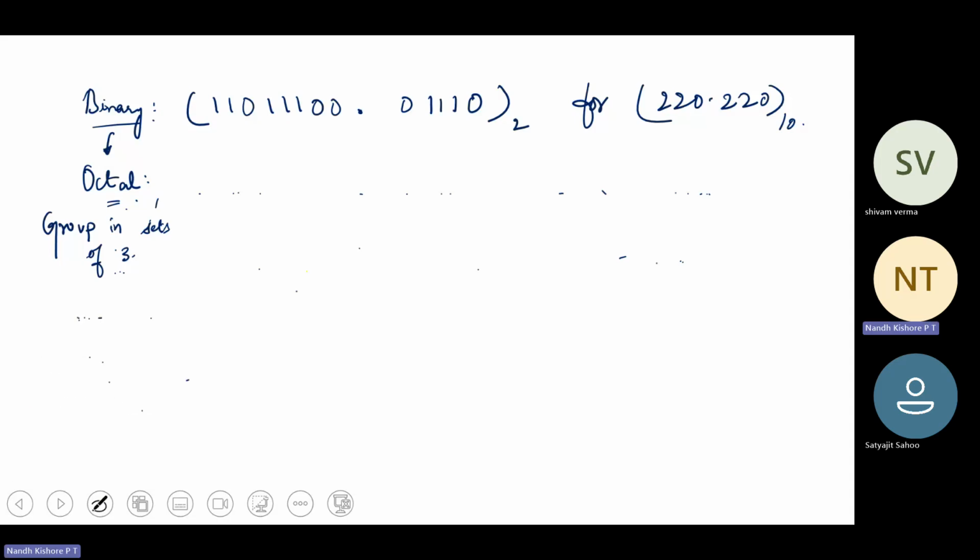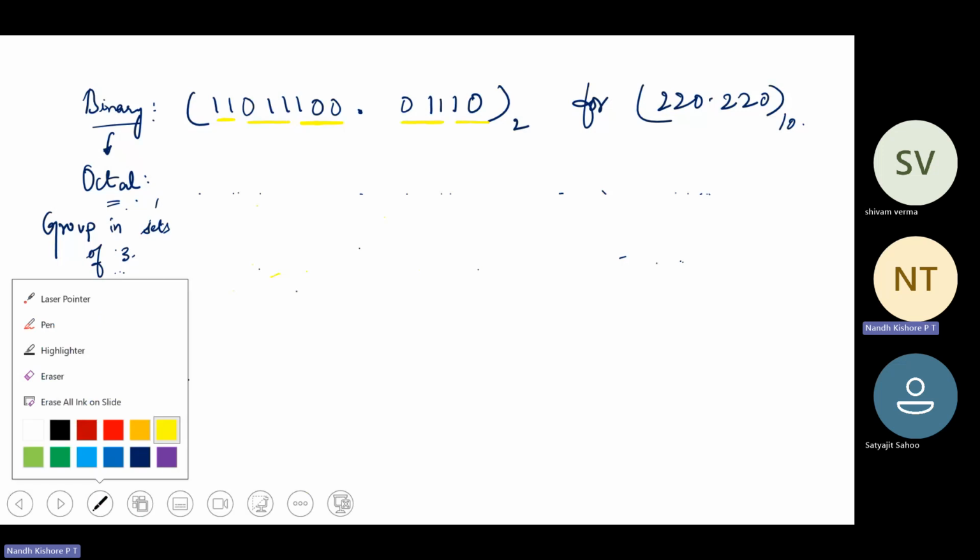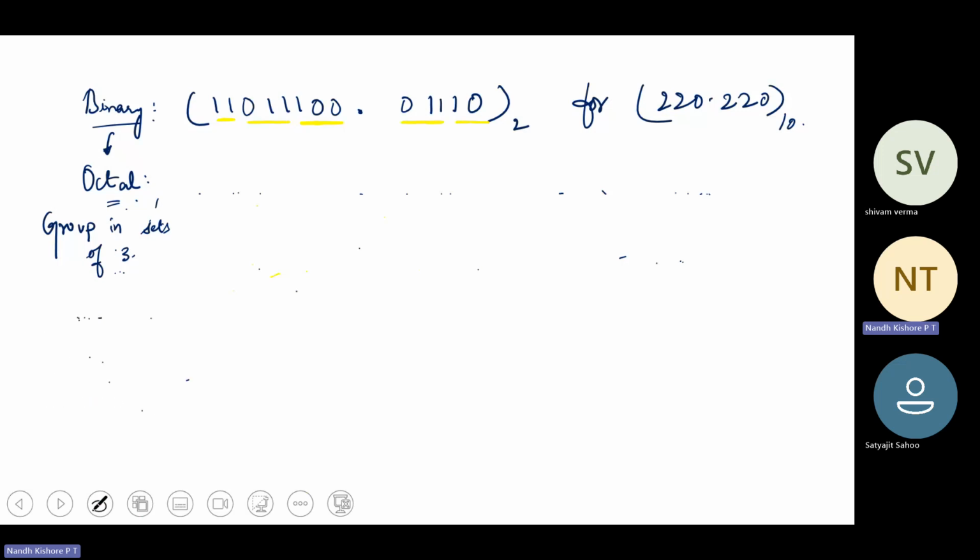you kind of end up with 100 as one group and 011 as the next group, and you have a 11 over here, right? Similarly, over here, 011 is one group and 10 and then something as the next group, which means that you will pad it additionally with an extra 0. So 011, then 011, then 100. Okay.